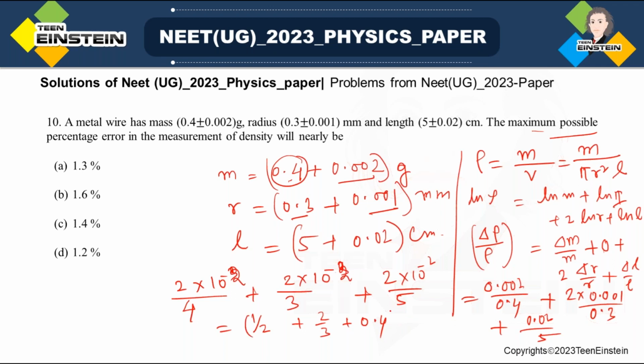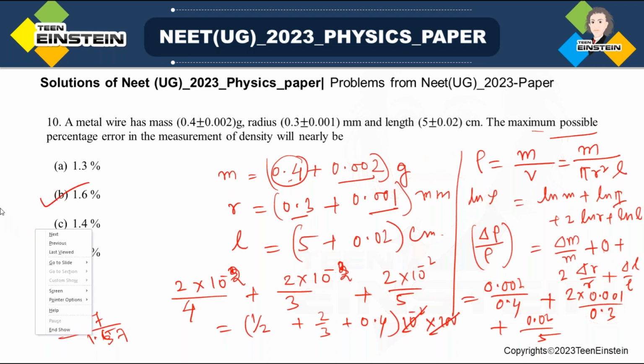And there will be 10 to the power minus 2. This is the absolute value. If we want to make it a percentage, we have to multiply by 100, so this will go off. So 0.5 plus 0.4, and this value will be something like 0.67, so you will get 1.57, that will be nearly 1.6.